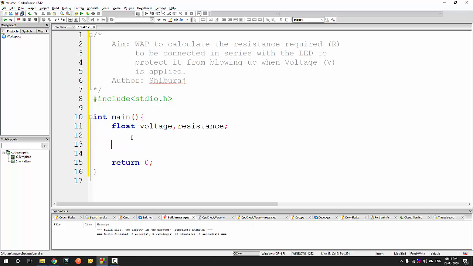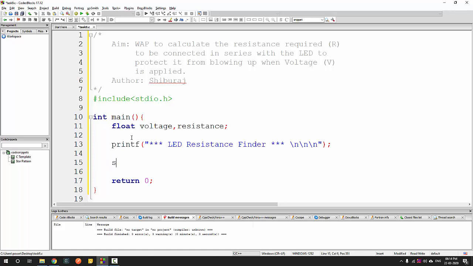Then as always I will start by describing the program: LED resistance finder. Okay, and I will just add a few new line escape sequences, and then start by taking the input of voltage from the user.